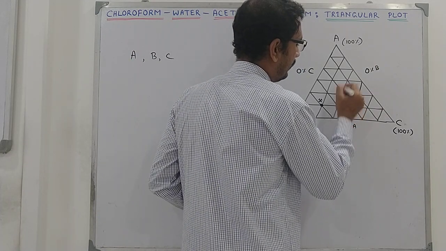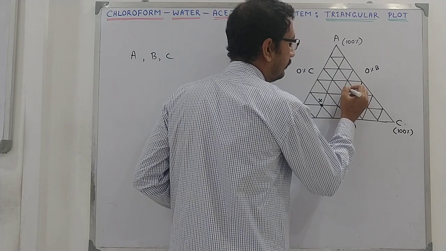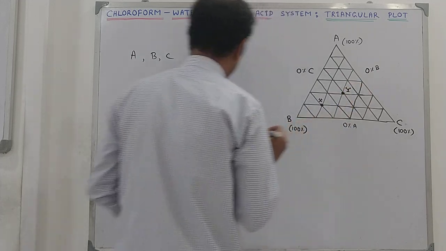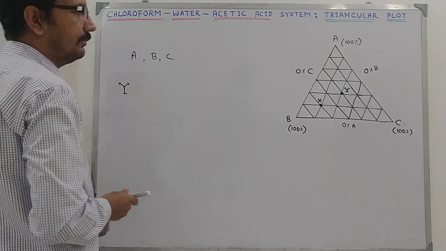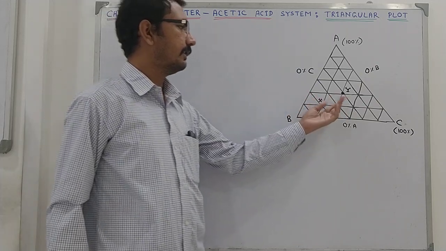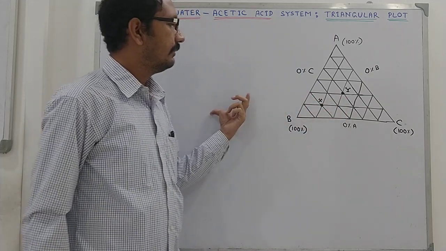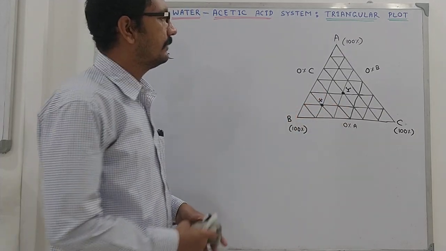Say, take this point and let us designate it by y. Now here you pause the video and try to find for yourself and then check whether you are correct or not, so that the concept will be clear.